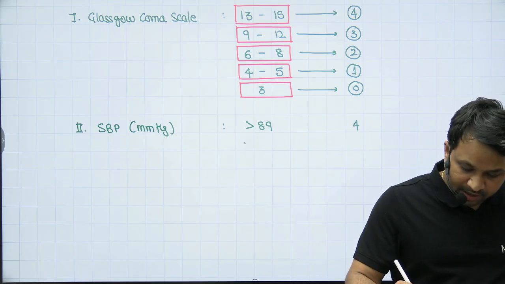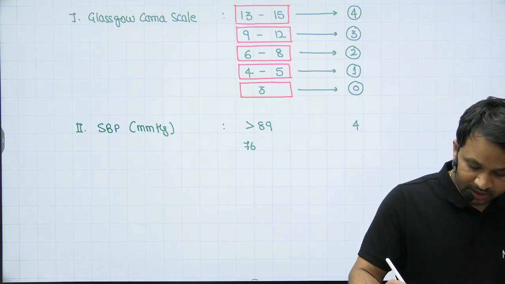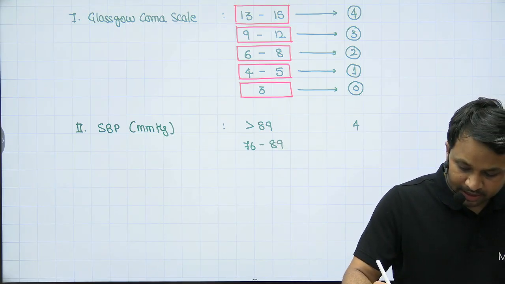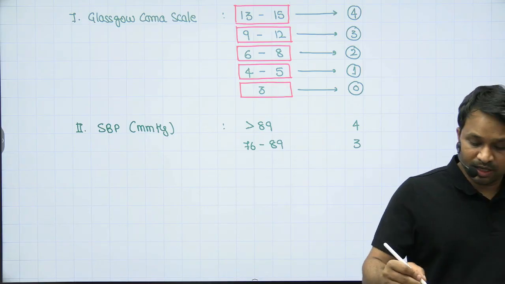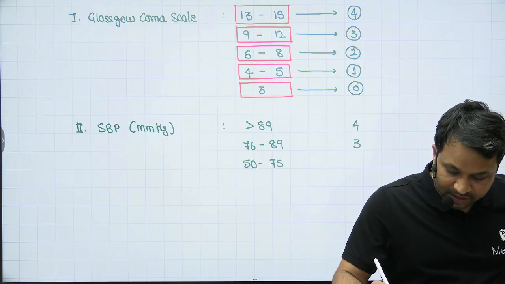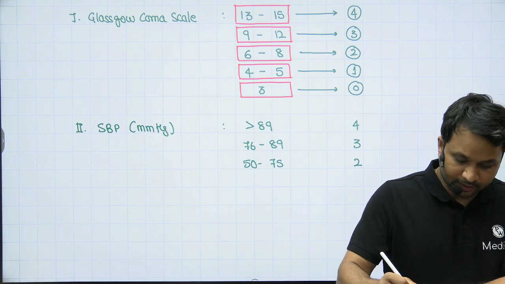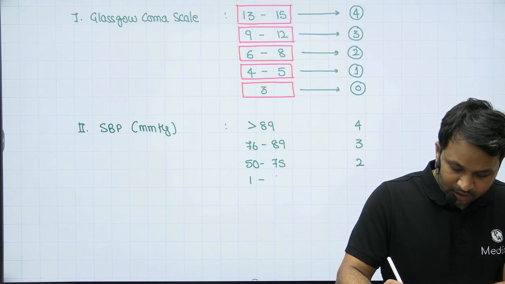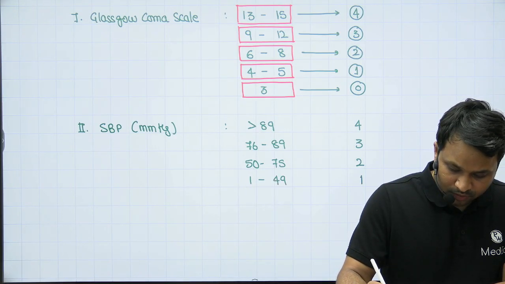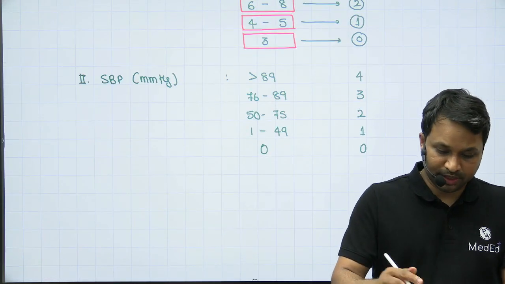If it is between 76 to 89, a score of 3 is given. If it is between 50 to 75, a score of 2. If it is between 1 to 49, a score of 1. If systolic blood pressure is not recordable, a score of 0 is given, right?